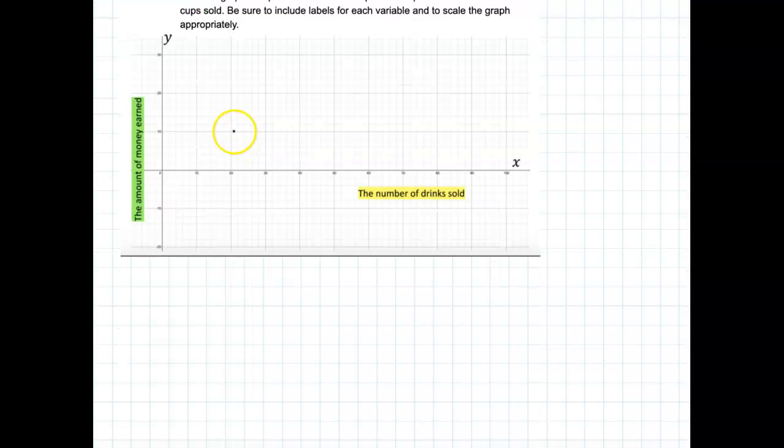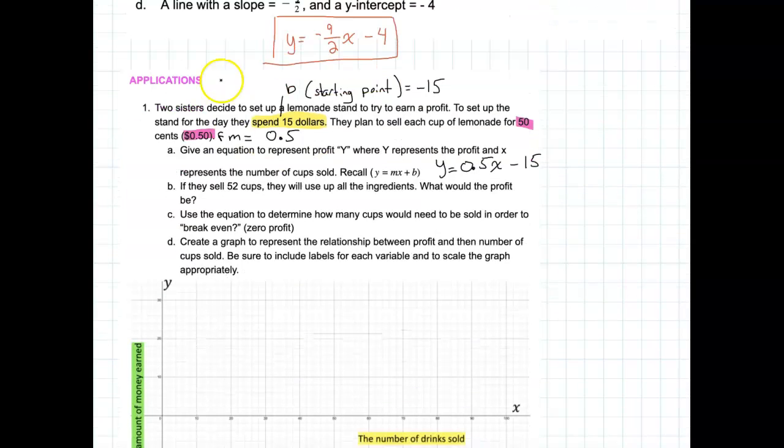Okay. So let's try that if they sold 52 cups. So I'm going to take this equation that I just made right here. Let's rewrite that here. Y equals 0.5x minus 15. There, I rewrote it.